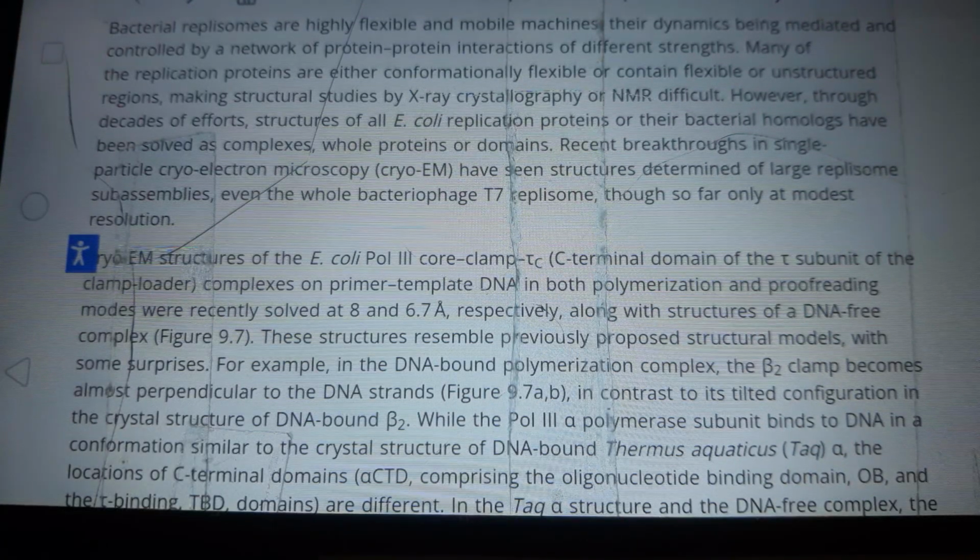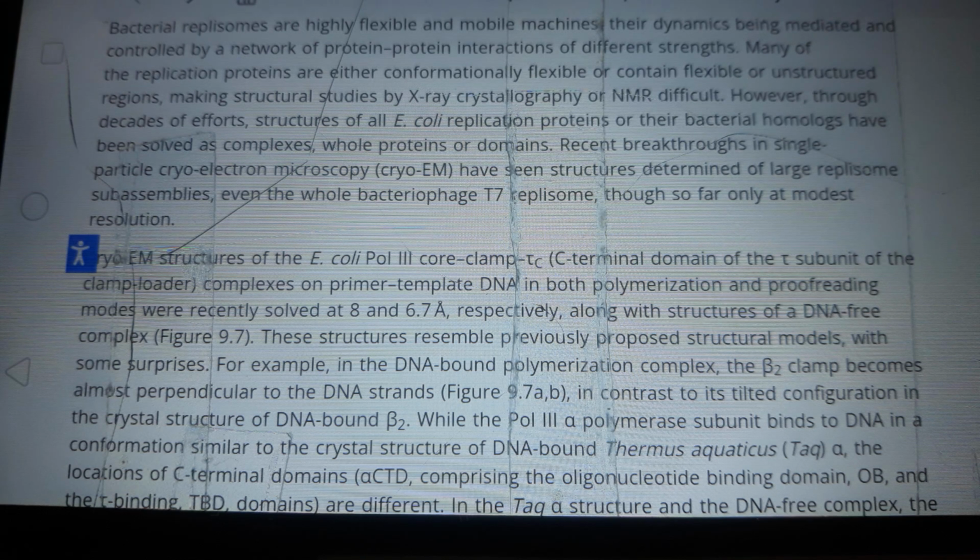Bacterial replisomes are highly flexible and mobile machines, their dynamics being mediated and controlled by a network of protein-protein interactions at different strengths. Many of the replication proteins are either conformationally flexible or contain flexible unstructured regions, making structural studies by X-ray crystallography or NMR difficult.